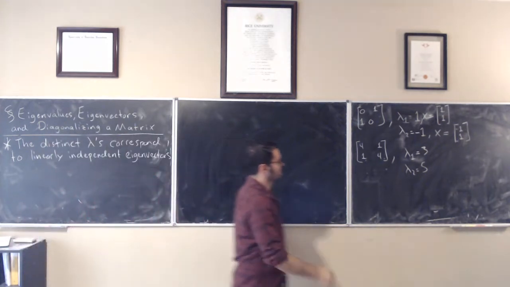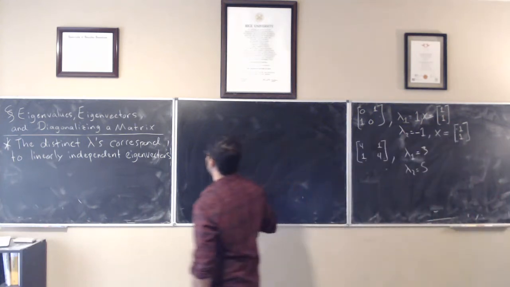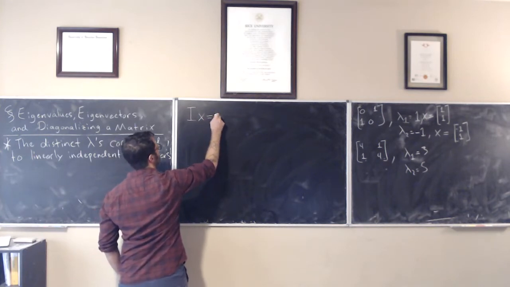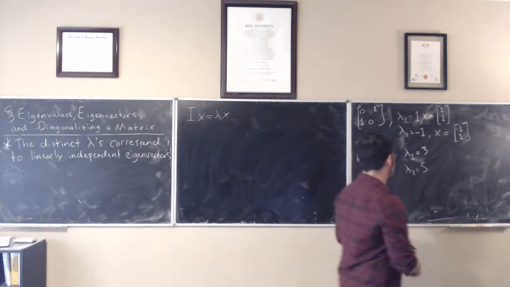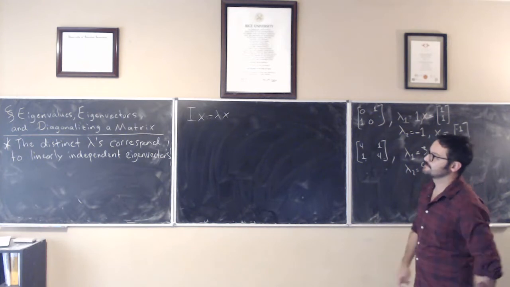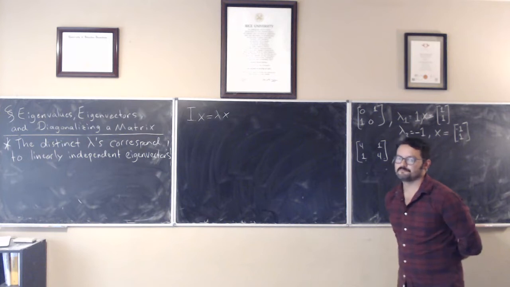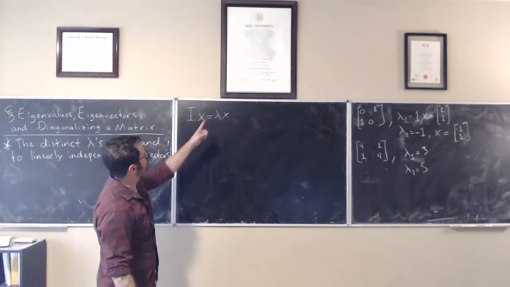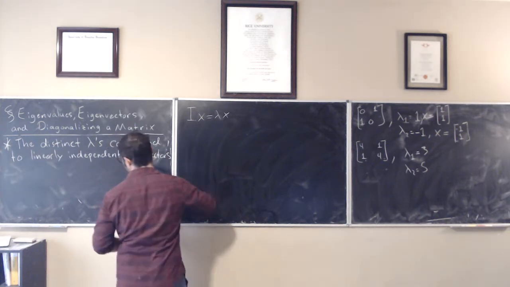So to answer the question why they have the same eigenvectors, but different eigenvalues, what are the eigenvectors for the identity matrix? Let me start with a more basic equation.